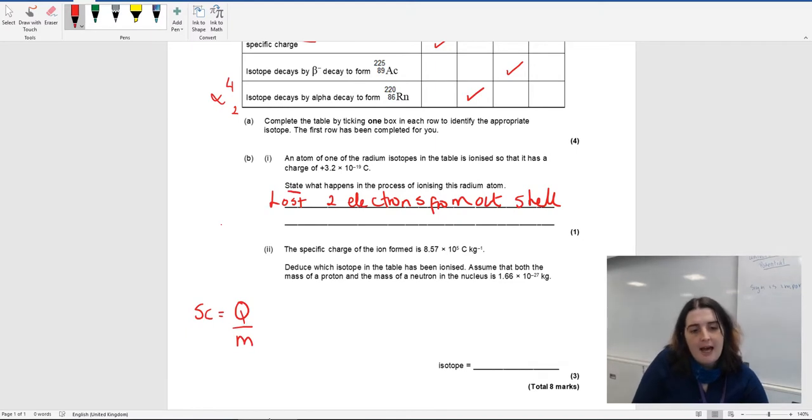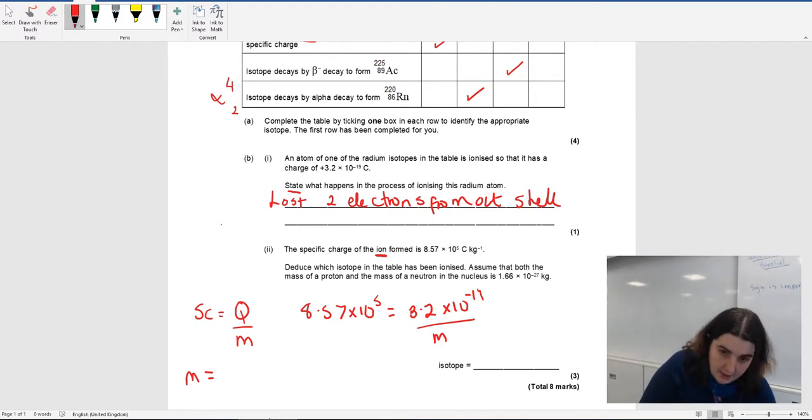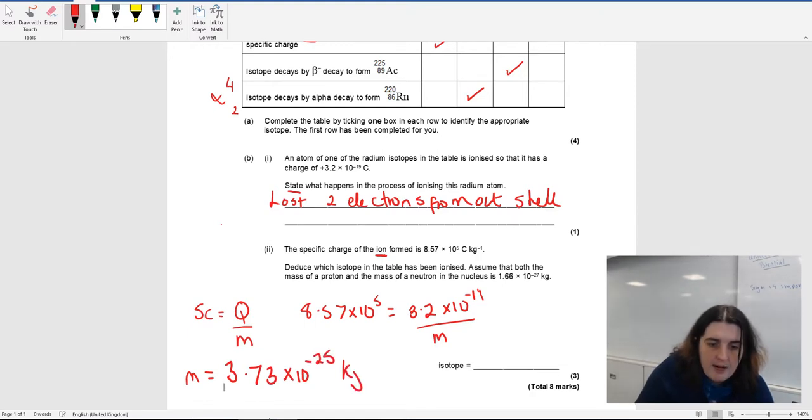So I've got 8.57 times 10 to the 5 equals the charge of the ion, 3.2 times 10 to the minus 19, over the mass. So my mass is going to be 3.2 times 10 to the minus 19 divided by 8.57 times 10 to the 5. And that's going to be 3.73 times 10 to the minus 25 kilograms.